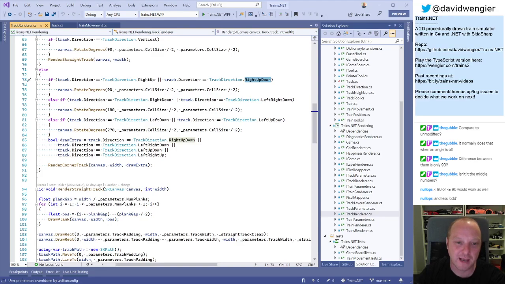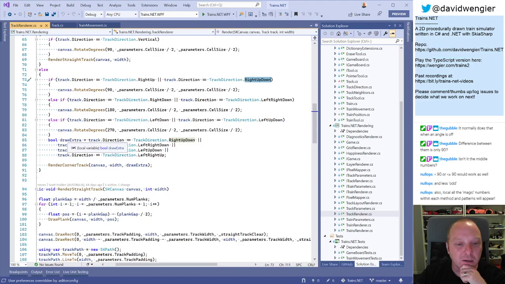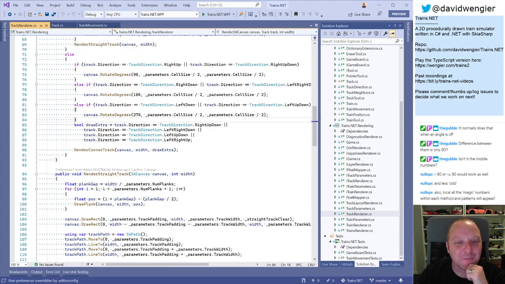I think this means this has the planks. Oh wait, hang on. No, that's just rotating. Local or the magic numbers within each method. Patterns will appear. You say that like you what? Like you mean these three patterns?